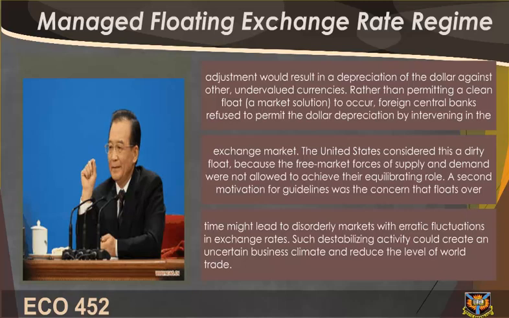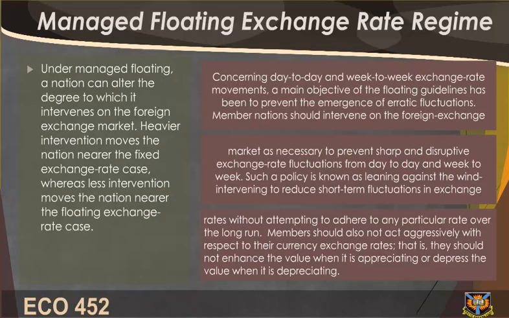A second motivation for guidelines was a concern that float over time might lead to disorderly market with erratic fluctuations in exchange rates. Such destabilizing activity could create an uncertain business climate and reduce the level of world trade. Under managed floating, a nation can alter the degree to which it intervenes on the foreign exchange market.